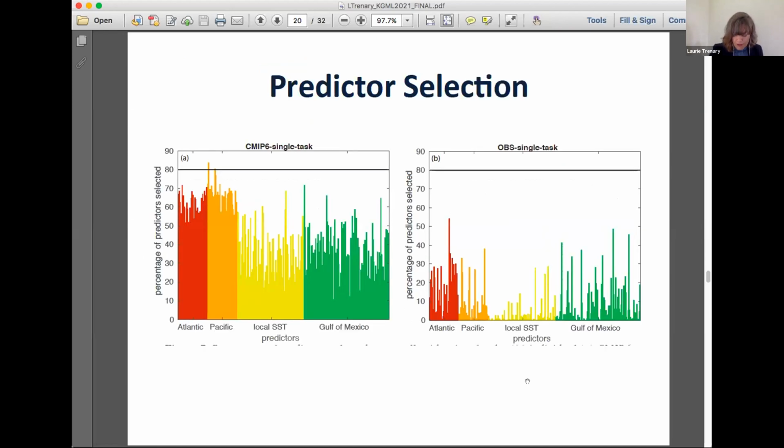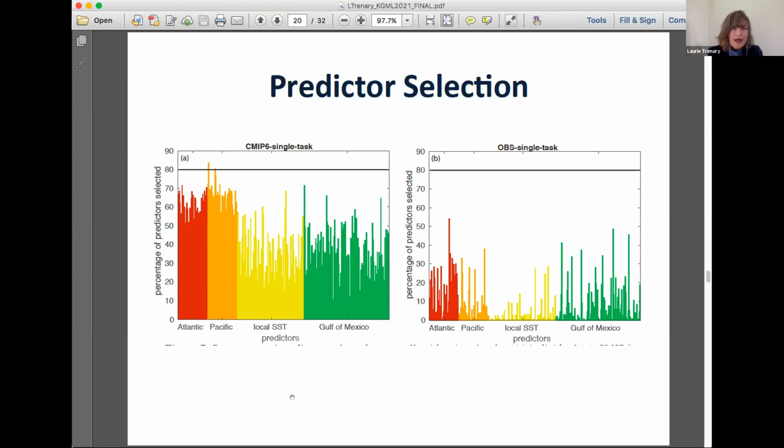So one of our questions was to try to get at what are the processes that are contributing to this predictability. And one way you might infer that is by looking at the relative frequency with which the predictors are selected by lasso. So this figure at left is showing the relative frequency that each one of our predictors is selected for the CMIP6 trained model, and at right for the observation trained model.